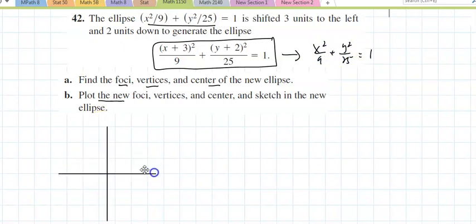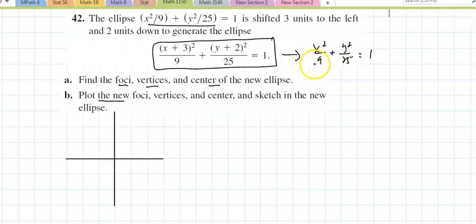Again, if you're really comfortable with this, you don't have to do this. But if you're not, guess what? We're going to stretch 3 in the x, 5 in the y, we're going to do all of this extra work. What do they want?